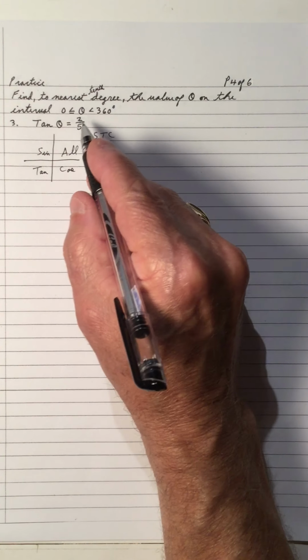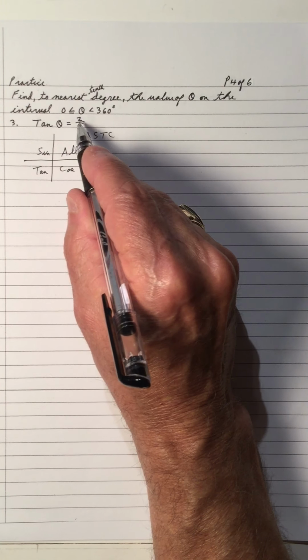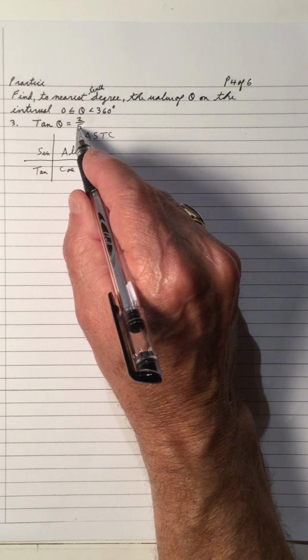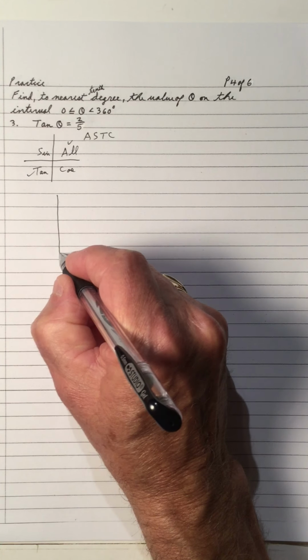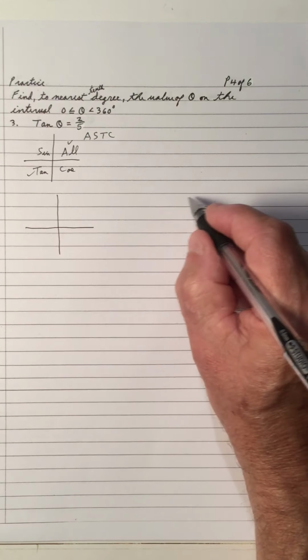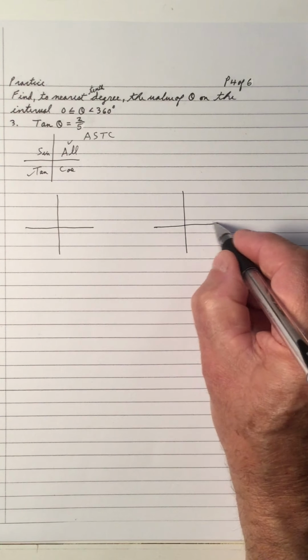Because I'm not told where tan is positive, I have to say to myself, ASTC, tan is positive in 1 and 3. So that means I have to put tan in quadrant 1 and tan in quadrant 3.